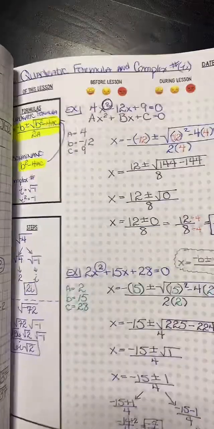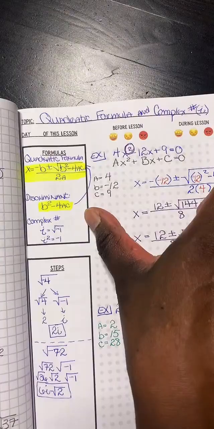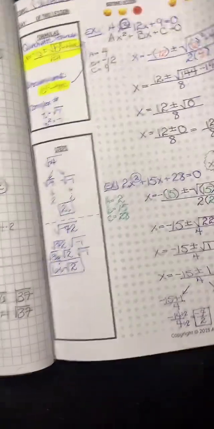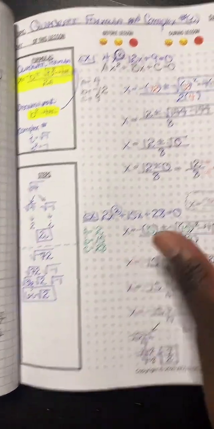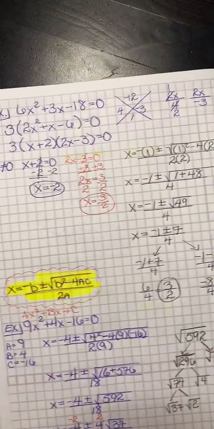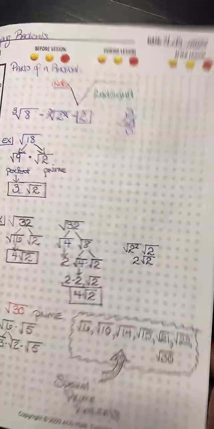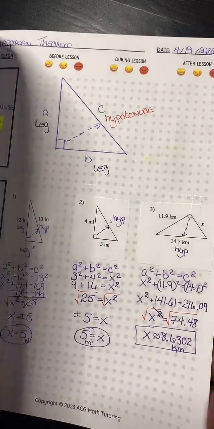So anywhere that they can write the formulas, let's say the quadratic formula, here's the formula of it, and then right underneath it, they could write their steps down. I also give them some space to write their problems out on both sides of the pages. They can also do their graphing. They can pull out problems.